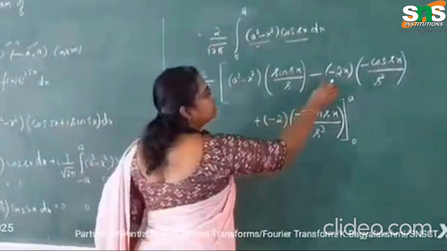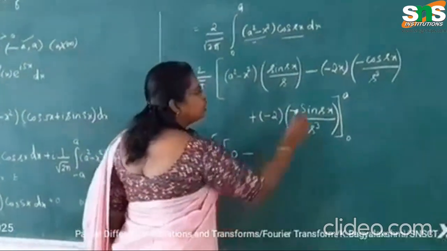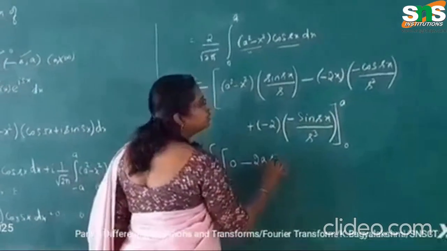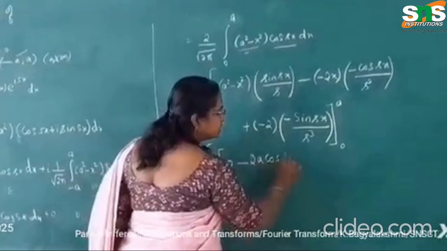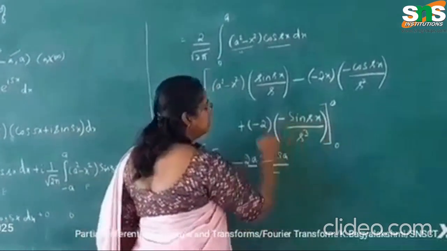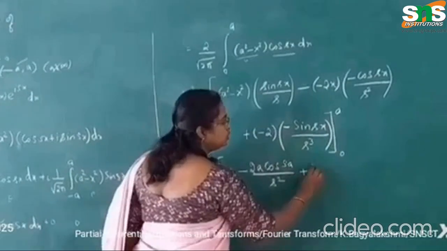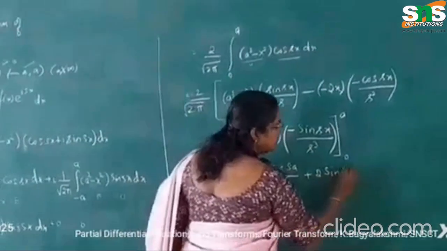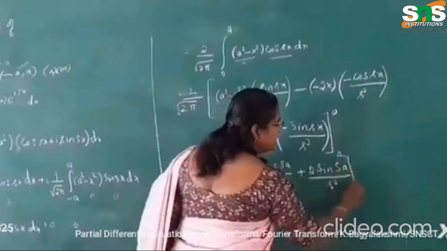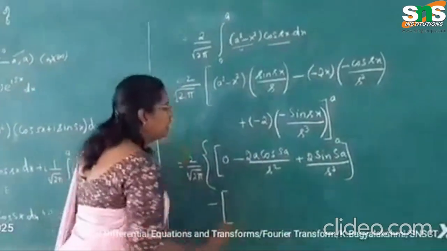Next, the second term has a minus, so I put minus 2a cos sa divided by s squared, and then the third term, minus into minus, plus 2 sin sa divided by s cubed. It's the upper limit value, and then minus the lower limit value.